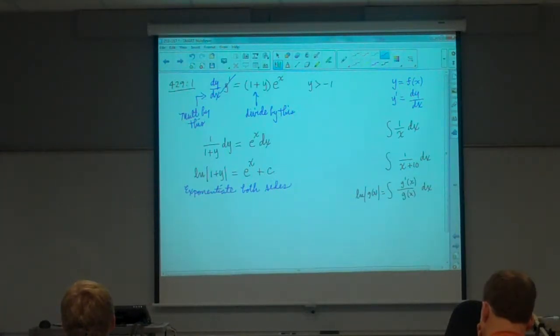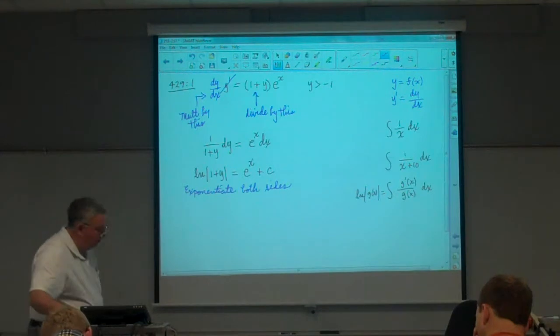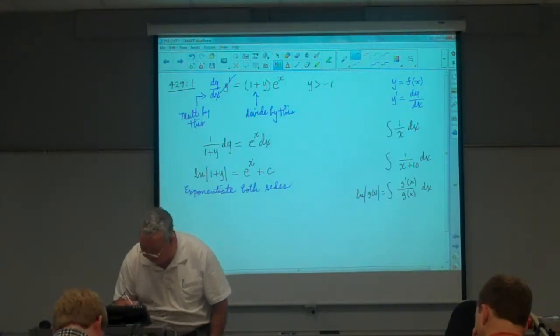Initiate exponential. Exactly what you told me to do, right? And that is, I'm going to take both sides and make them be the exponent for e. I can do that, can I, if they're both equal, right? Everybody agree?